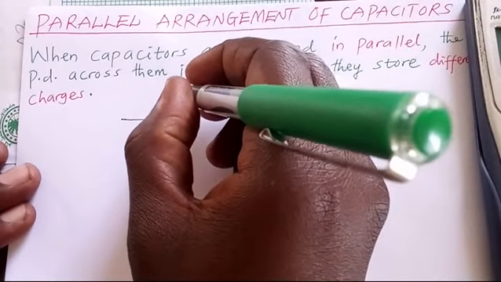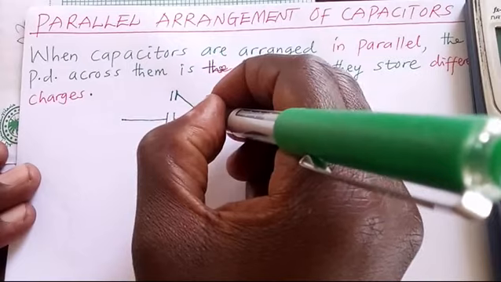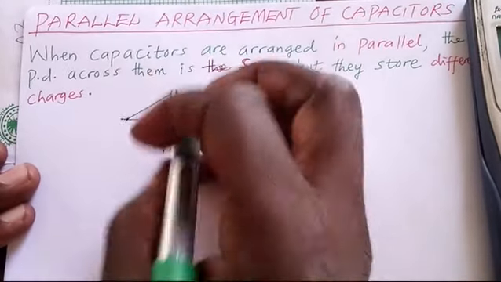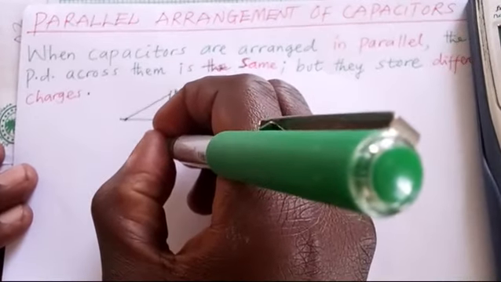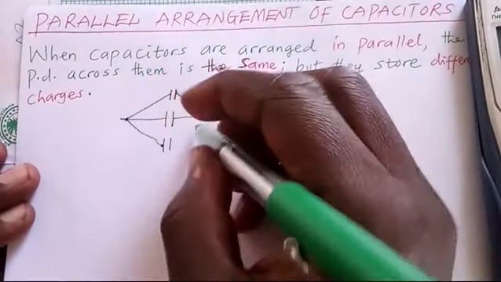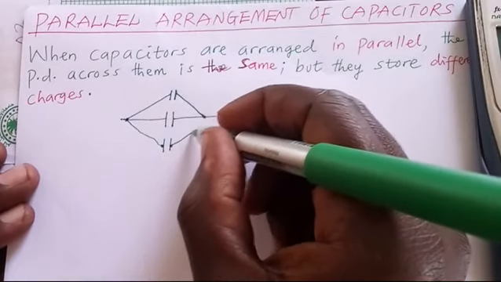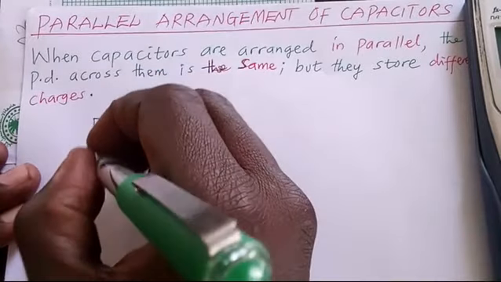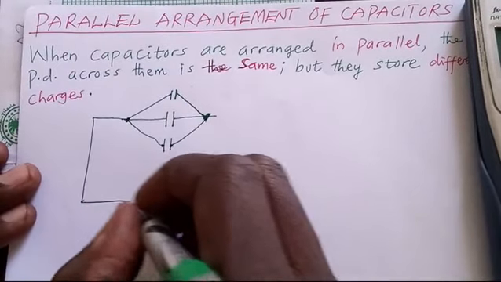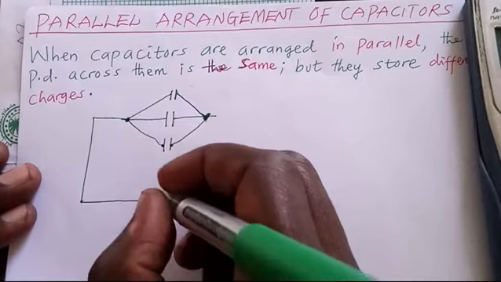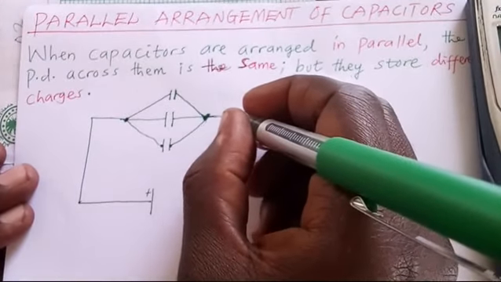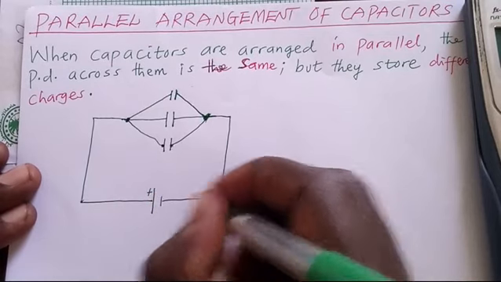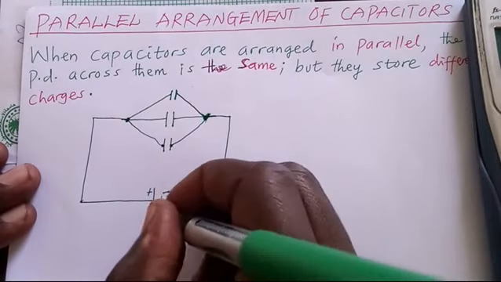Now I'll connect this end to this end, and this end I also connect to this end, and this one to this end. Then I connect this end to the positive terminal of a battery, and the other one I connect to the negative terminal of the battery.